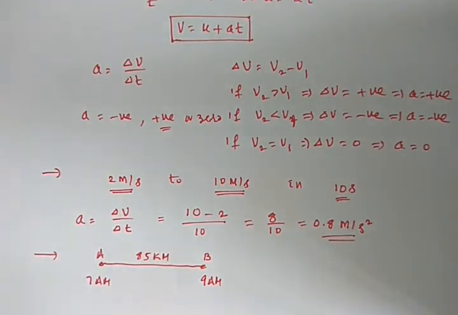Now we need to find the average velocity of the train between 7 and 9 a.m.